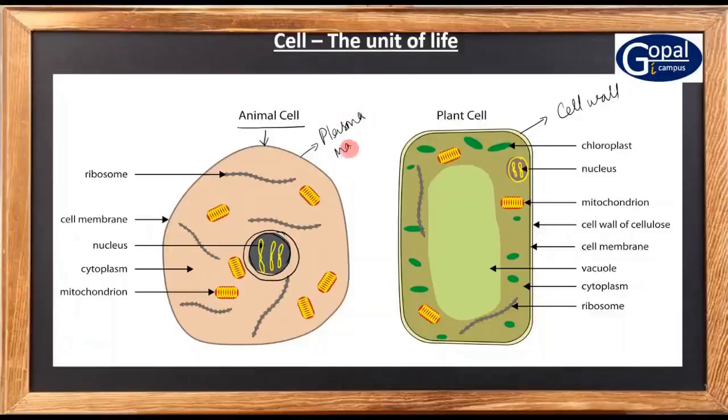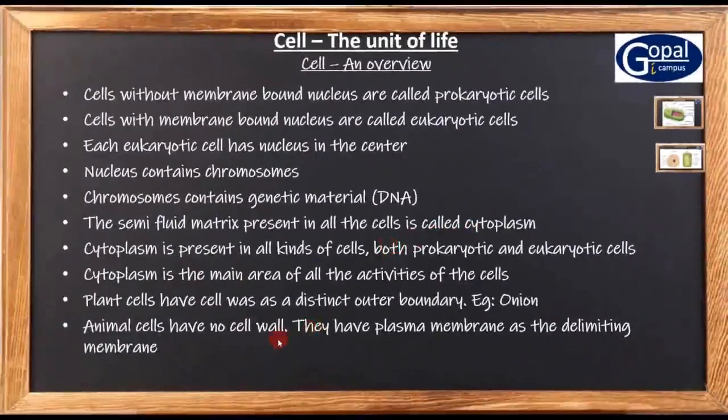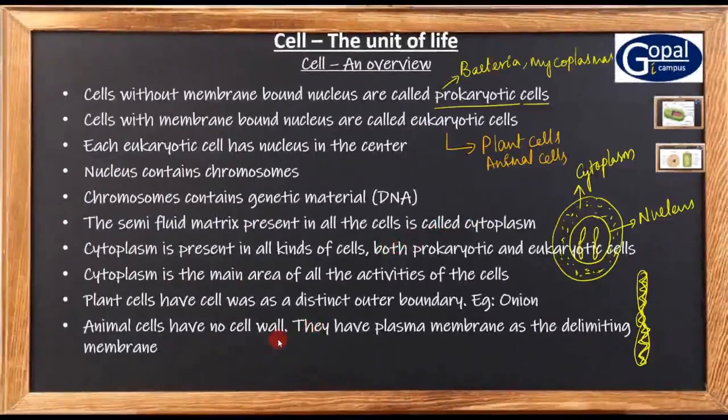In plant cells, the outer boundary is a cell wall. So this is the main difference. Even though there are several other differences, the main difference between plant and animal cells is that the plant cell possesses a cell wall, and the animal cell does not possess a cell wall.